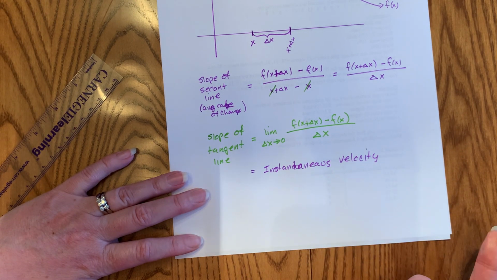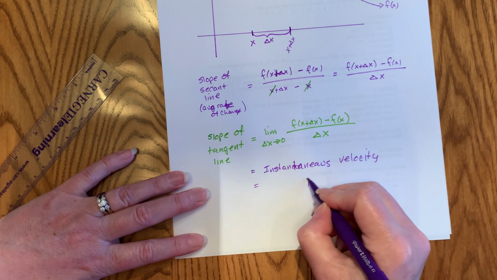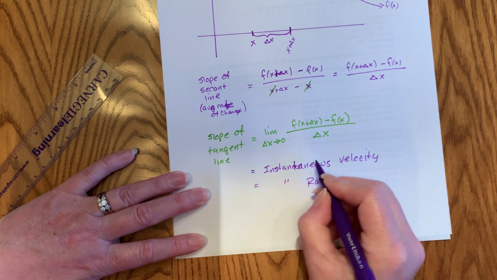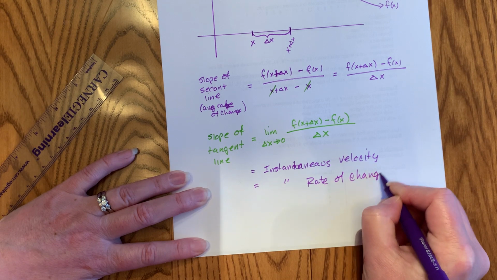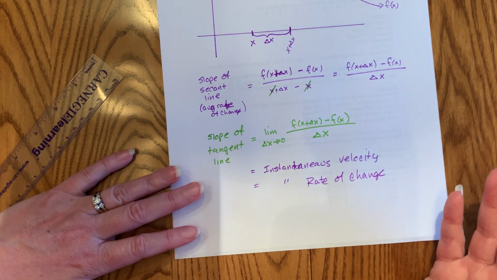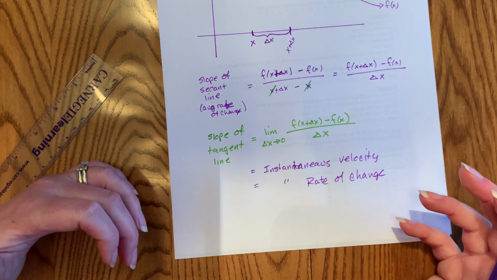And because there are so many different applications, instantaneous rate of change, I'm not spelling that again, instantaneous rate of change, that in calculus, it gets its own vocabulary and its own notation.